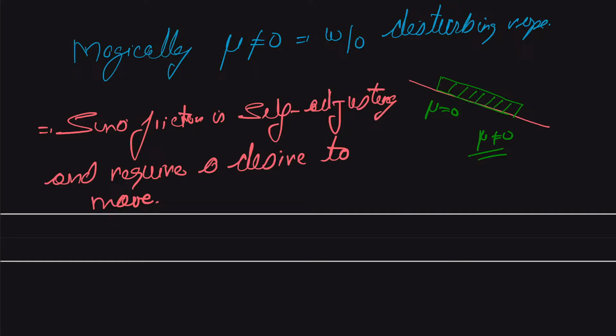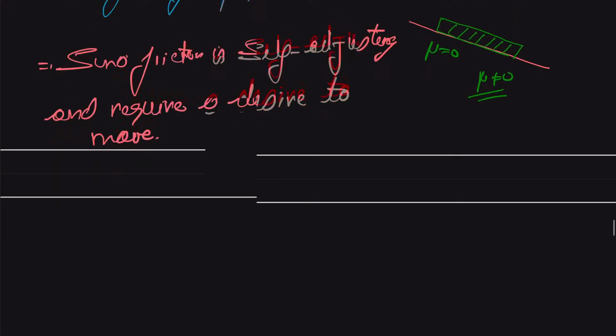Basically it means that the friction is always there, but if nothing is moving, the friction will be idle, that is, it is not present. This is what is meant by desire to move.